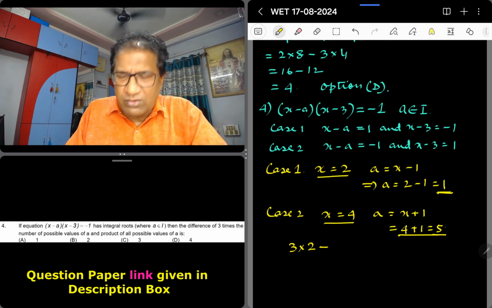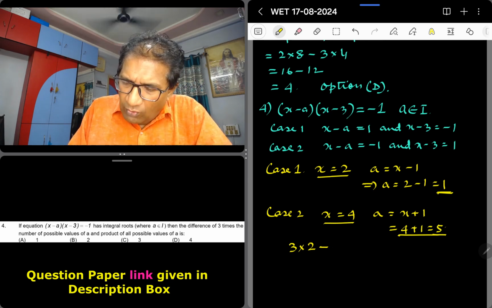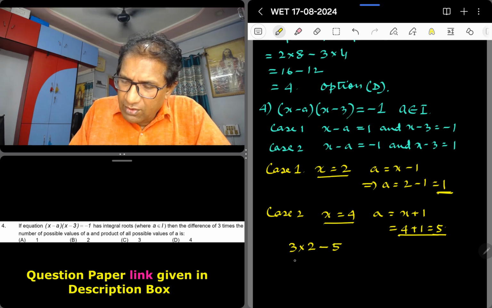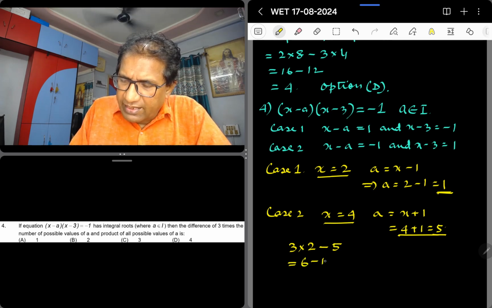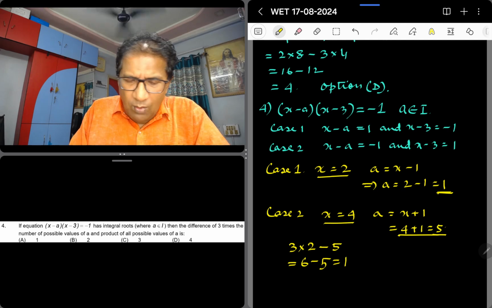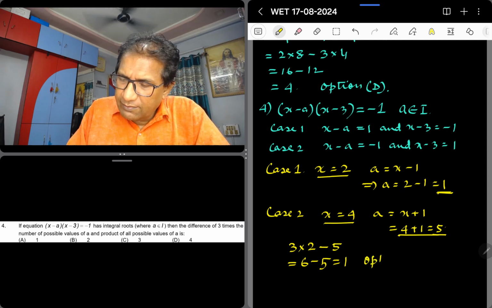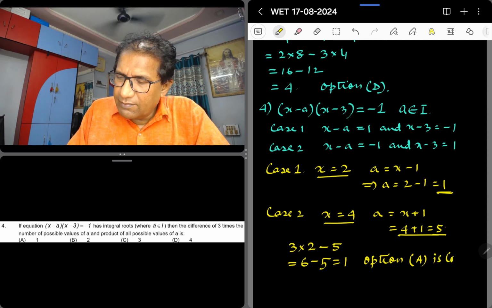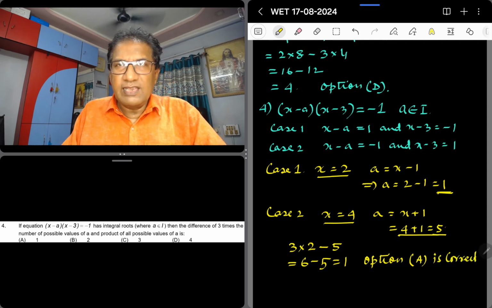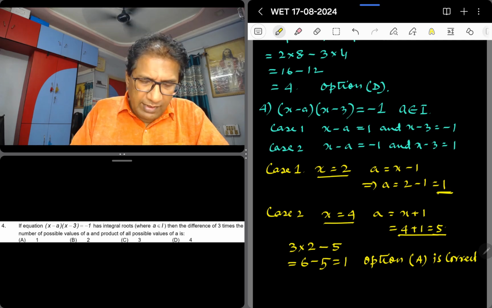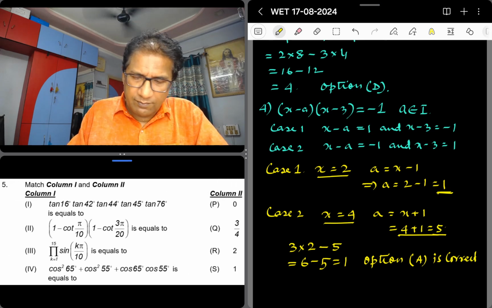These are the possible values of A. Therefore, the product will be 5. So, our answer in this case will be 1. Hence, option A is correct. Is it clear? Okay.